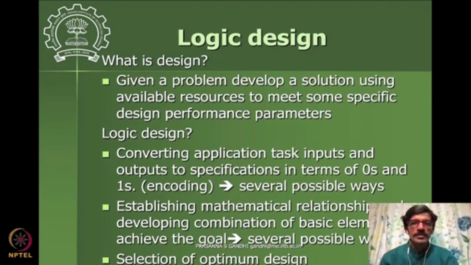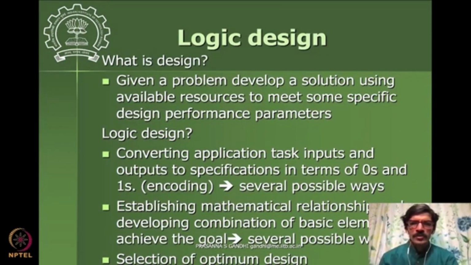Then you establish some kind of mathematical relationship based on the laws or logic that you would like to incorporate into the system, and then select the good design or good mathematical relationship, depending upon the requirements. That is typically the logic design process.